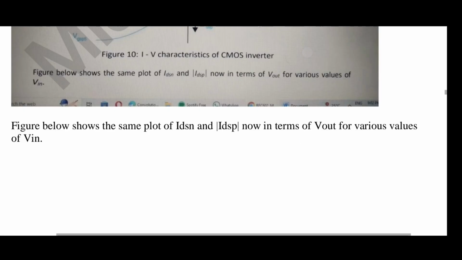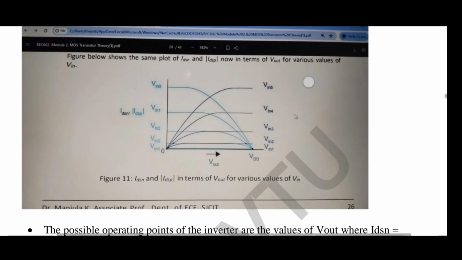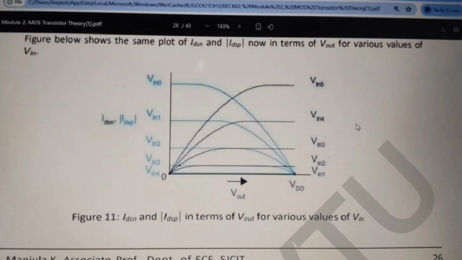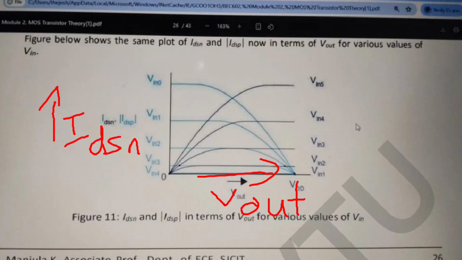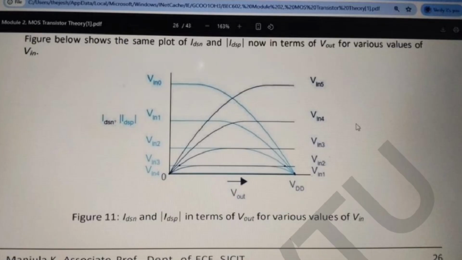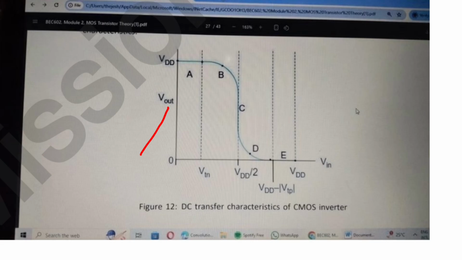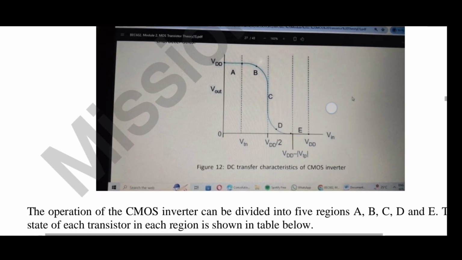Okay, next, here also one characteristics diagram is there. It is plotted between IDSN and V out. Okay, so this is the DC transfer characteristics of the CMOS inverter.